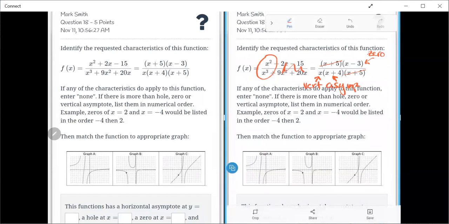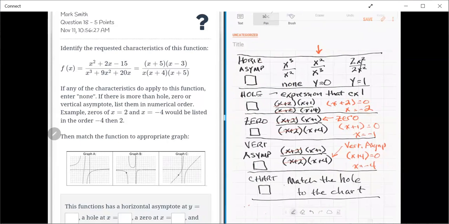All right, and the same thing applies to all of these. So this zero says x minus 3. In our example, the zero was x plus 1, so our x is actually x equals -1. So it's the opposite of the expression. In our example here, our vertical asymptote is x plus 4 because it's in the denominator.